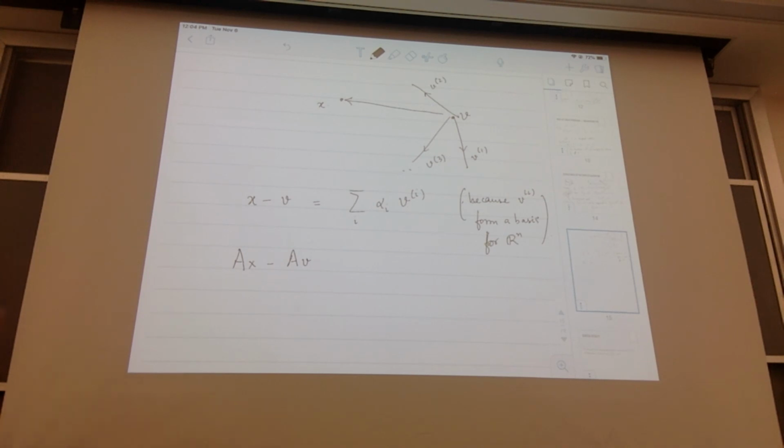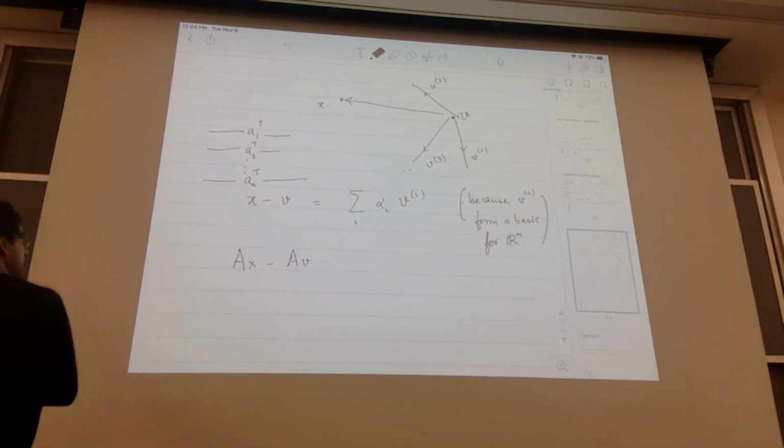A was exactly this matrix that I defined earlier, where A had A1 transpose, A2 transpose, and so on.